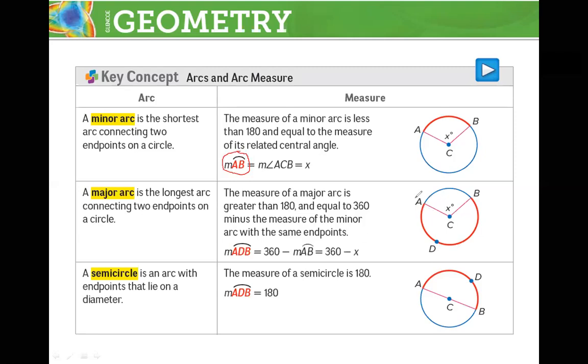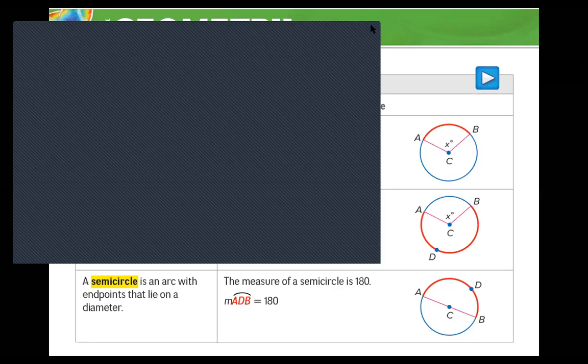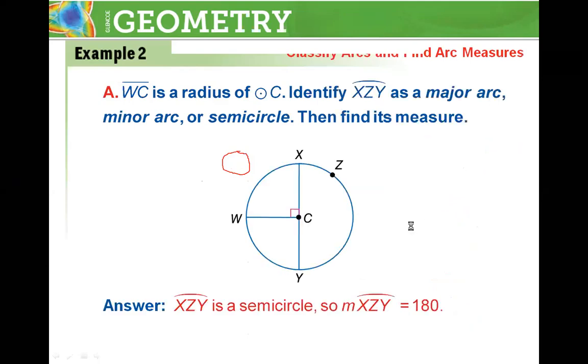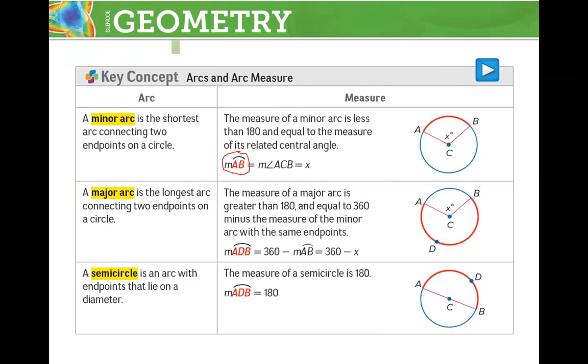So the major arc name here. We can't say AB. We have to put a third letter, which is D. So ADB, or BDA.